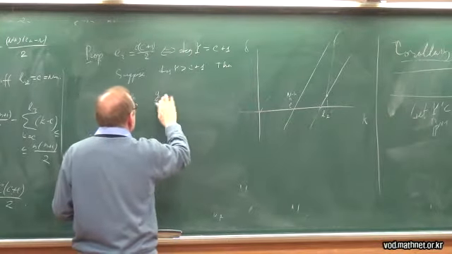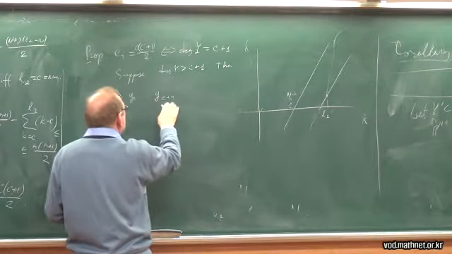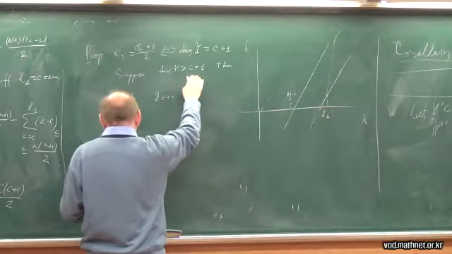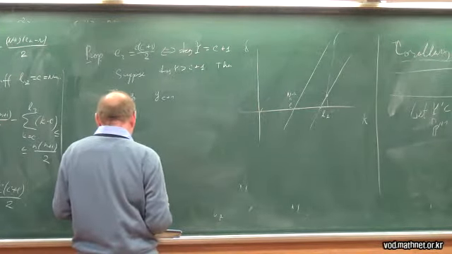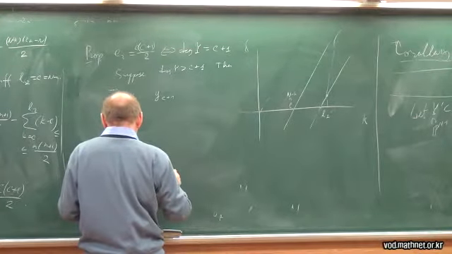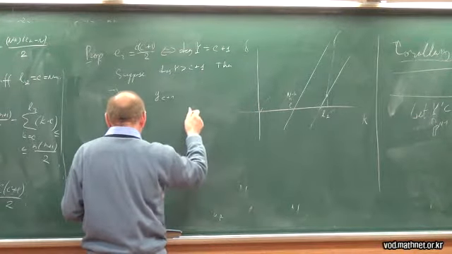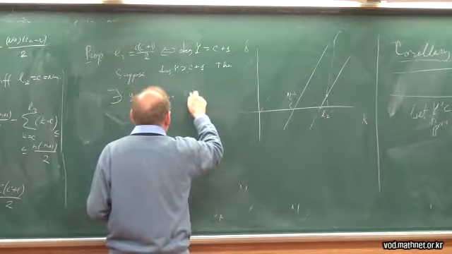Here we have c plus 1. We have here c plus 2 points, so more than c plus 1. And we may assume that they are in general position. What does it mean?